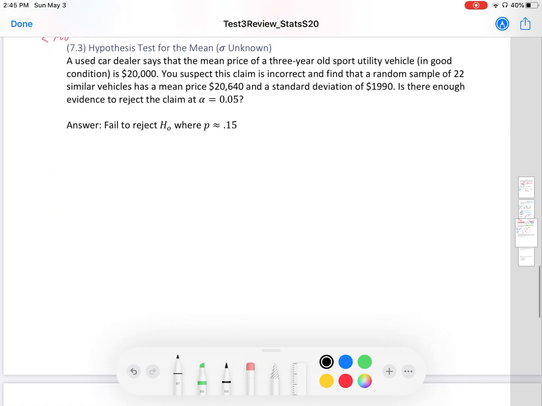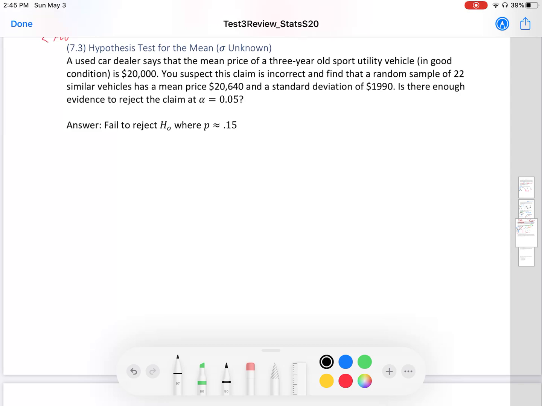All right, 7.3 problem, hypothesis test with sigma unknown. So again, we're going to be given a standard deviation, but it will not be a population standard deviation. Let's read our problem. A used car dealer says that the mean price of a 3-year-old sport utility vehicle in good condition is $20,000.